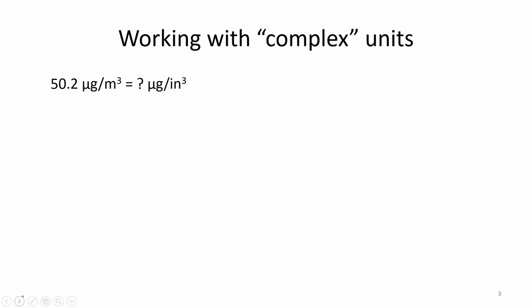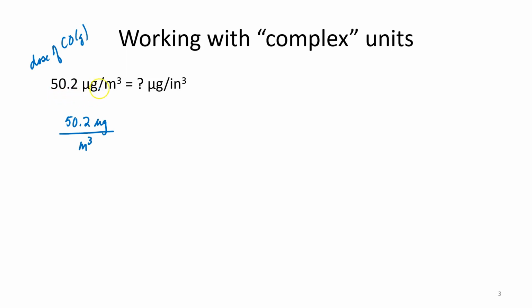Okay, so now they want us to convert 50.2 micrograms per cubic meter into micrograms per cubic inch. So we don't have to do anything with these micrograms. And now that I think about this problem, this was some kind of a lethal dose or exposure dose of carbon monoxide gas.